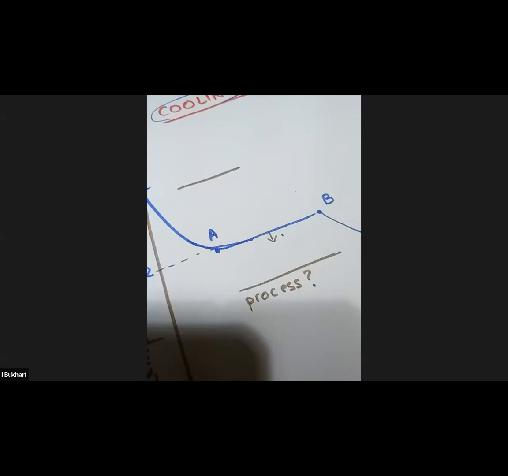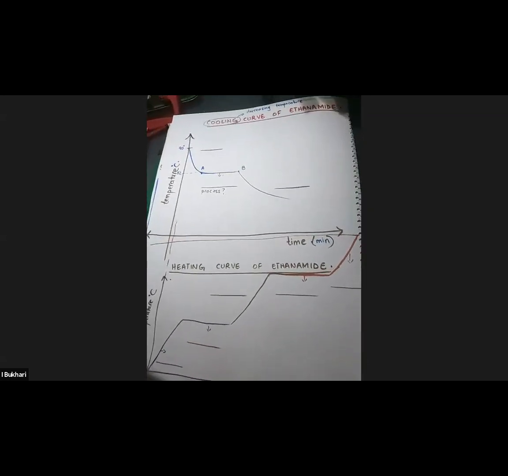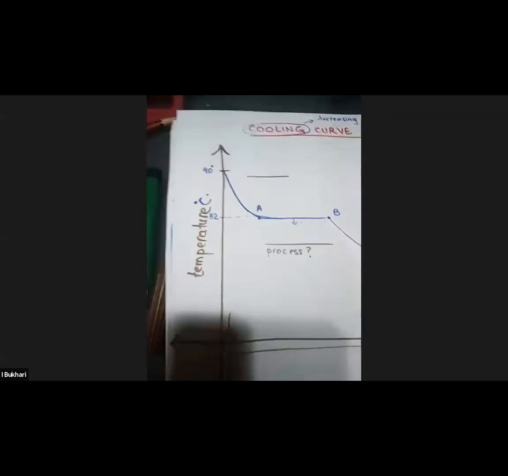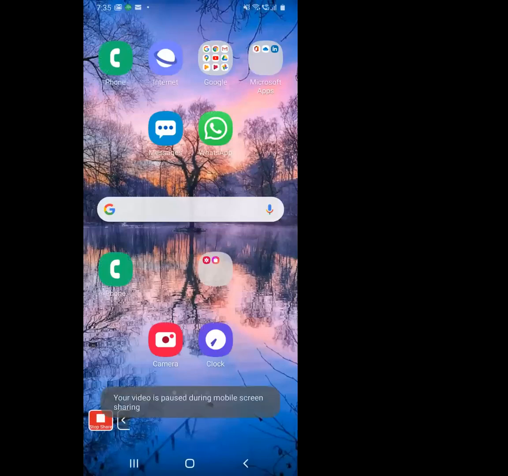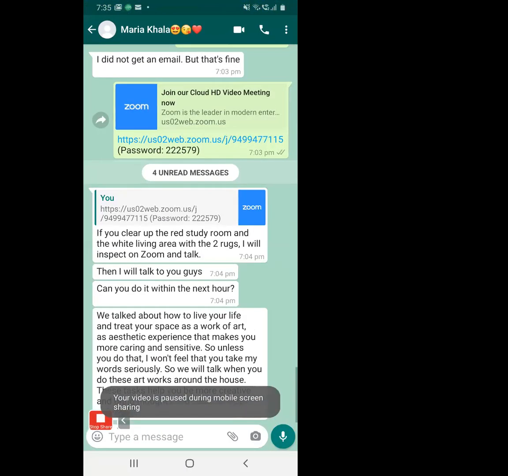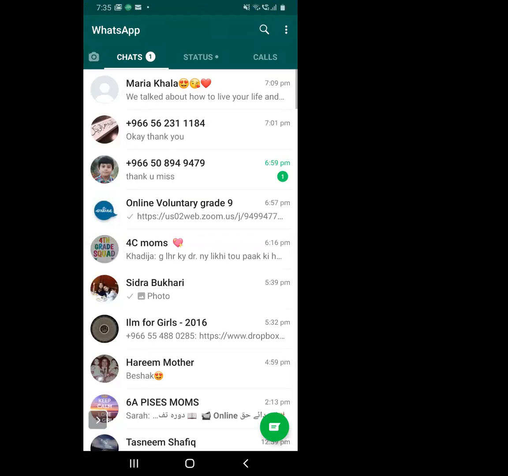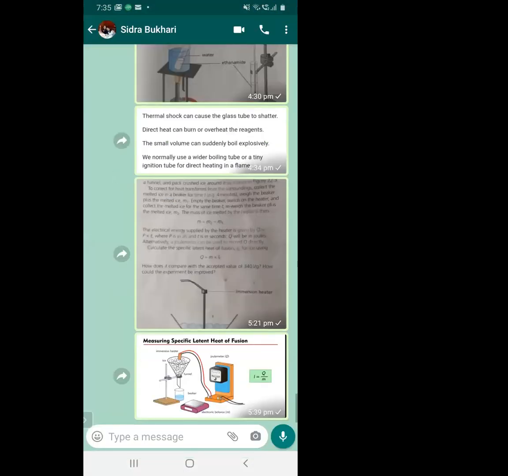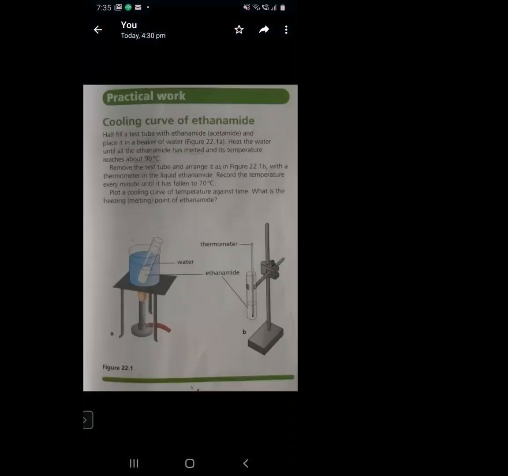Okay. So now let's talk about the cooling curve of ethanamide. Okay, I'm sharing my screen. I'm basically showing you the same picture, which is in your book on page 91. Okay, so now I will discuss this experiment with you a little bit.